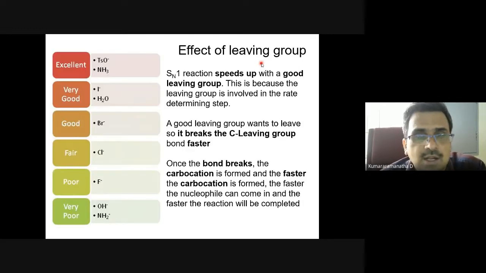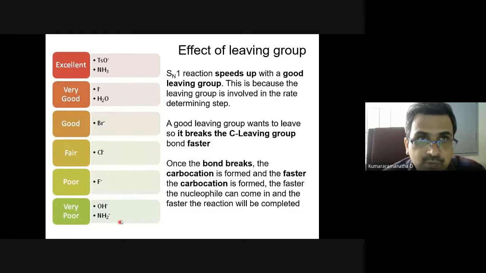Now, we have looked at solvent and polarity. Let's look at the effect of the leaving group. Simple thing: the SN1 reaction speeds up depending on the leaving group. We have very good leaving groups like tosylate and ammonia, or very good leaving groups like iodine, water, bromo, and very poor leaving groups like hydroxyl or amine groups.